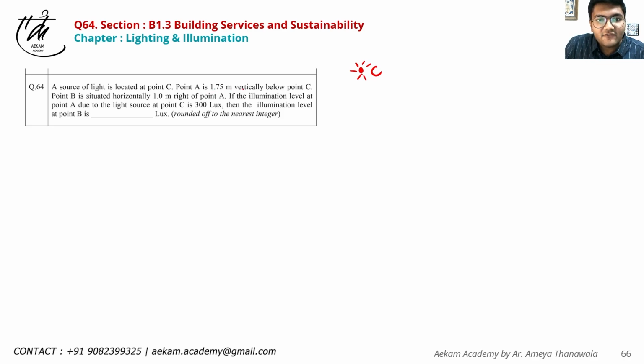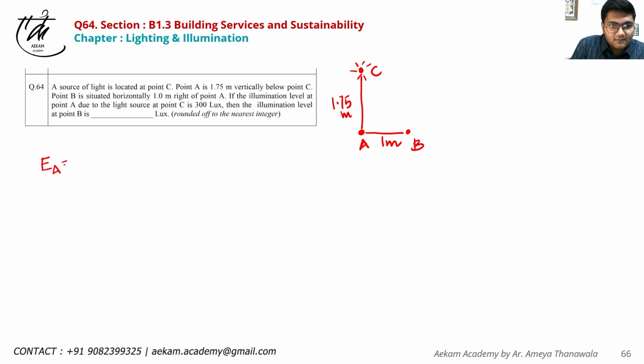Point A is 1.75 meters vertically below point C. Point B is situated horizontally 1 meter right of point A. If illumination level at point A due to light source is 300 lux, then what is the illumination level at point B? So E at A, illumination at A is given as 300 lux.